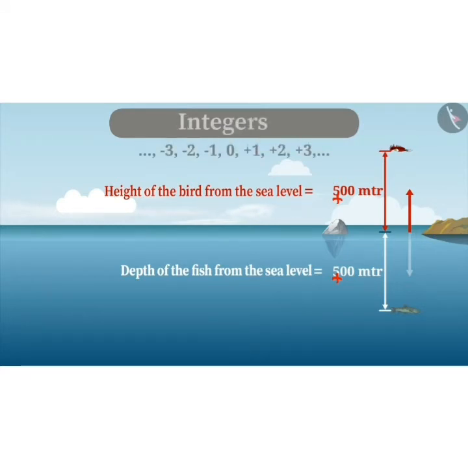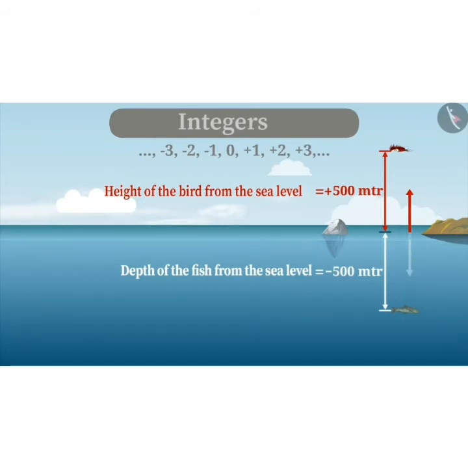In this case, the height above sea level is represented with a positive sign as plus 500 meters, and the depth below the sea level must have a negative sign such as minus 500 meters. It is now quite clear that plus 500 meters means 500 meters above the sea level and minus 500 means 500 meters below the sea level.